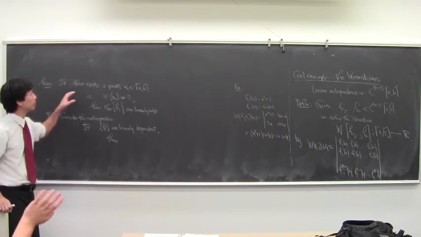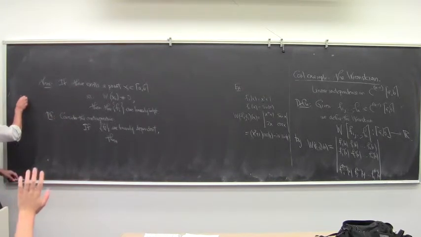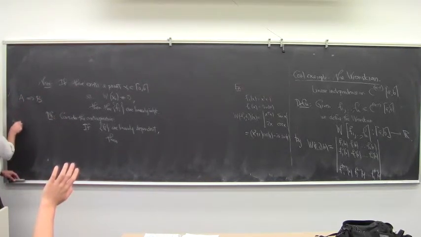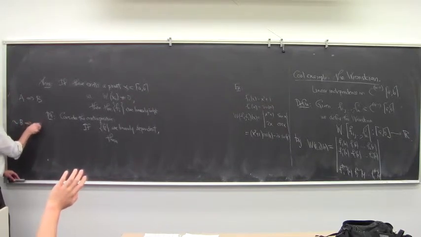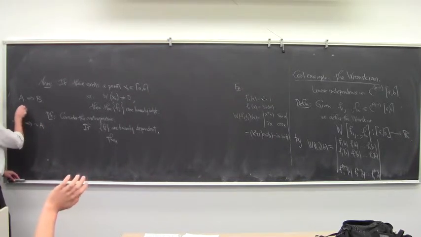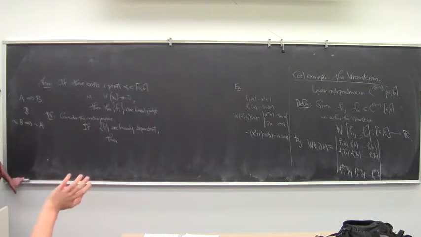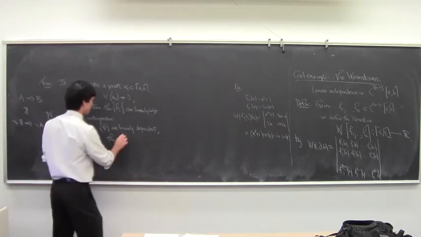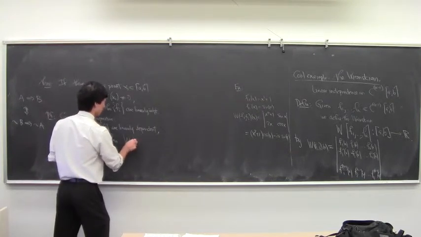Remember, you have some statement, and the contrapositive is: not B implies not A, and these two things are logically equivalent. Yeah, Mia. The Wronskian has to always equal 0? Yeah, the Wronskian will be 0 everywhere.